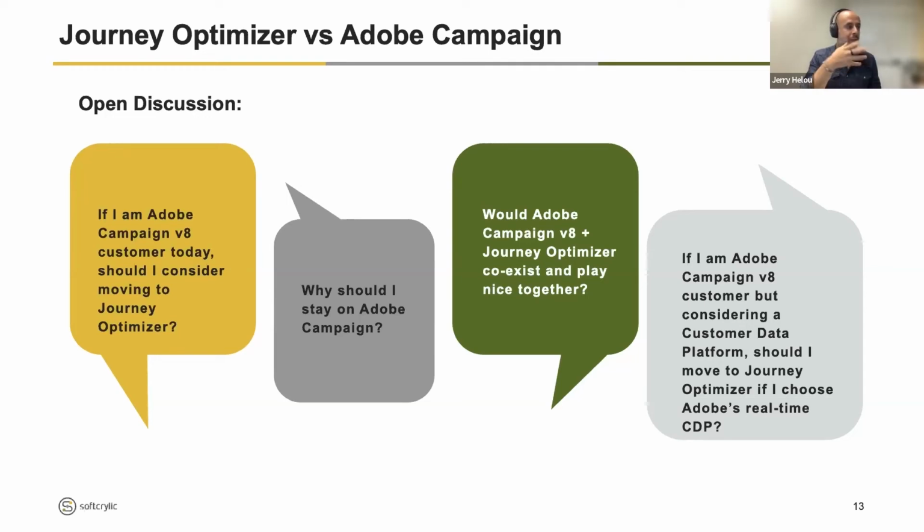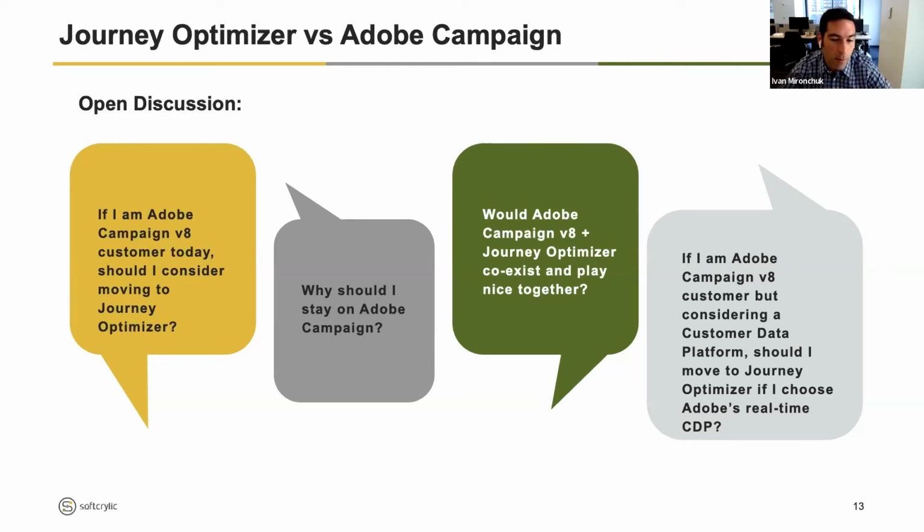So one of them is, if I am today an Adobe Campaign V8 customer, for me to consider moving to Journey Optimizer, what would be the biggest driver for that? Ivan, what would you think will be the biggest driver? Yeah, I think it all depends, right? If you think about Campaign Classic or Campaign V8, that is a product that has a long history with a lot of features built up over the lifespan of that product, and it's something that we continue to invest in and develop upon.